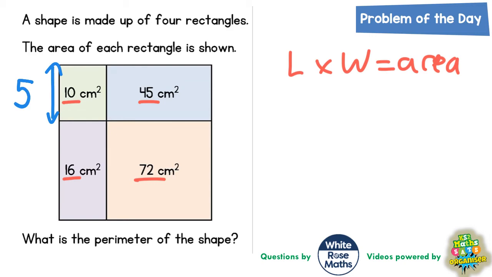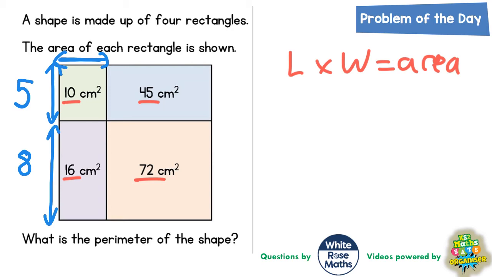Now, if we do the same for the 16 and the 72, they both divide by 1, they both are even so they both divide by 2, but also they both divide by 8. So the highest common factor is 8, so that distance must be 8. Now, if we look along the top, if we go across here, this means we're comparing the 10 and the 16.